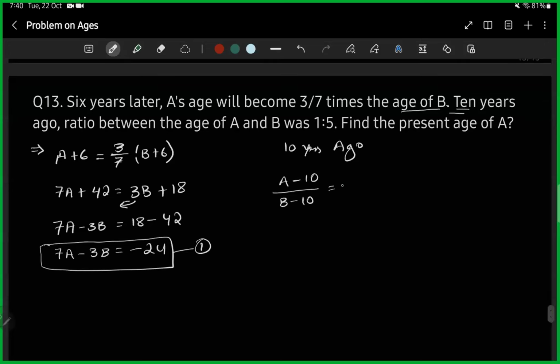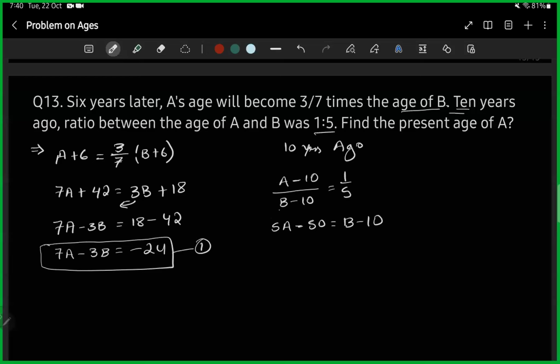This gives you the ratio 1:5. You cross multiply this again, which gives you 5 times A minus 10, 5 times 10 is 50, equal to 1 times B minus 10, which remains as it is.